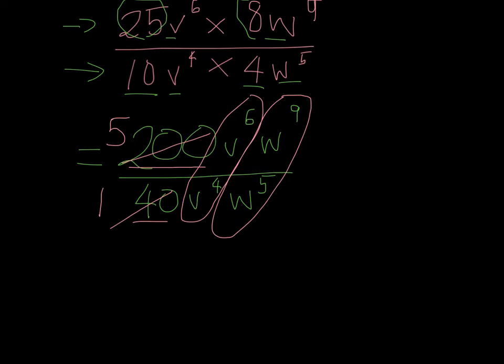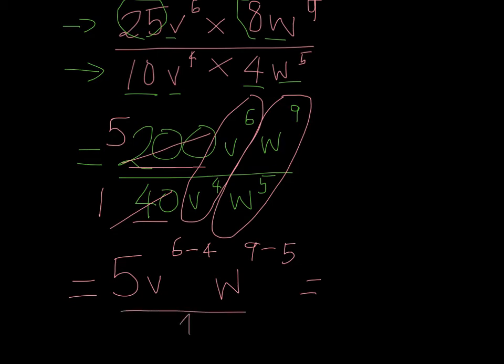So in this case, we can write the equation something like this. 5 of V to the power of 6 take 4 and W to the power of 9 take 5, which is all over 1 as well. You can see that's the 1 on the bottom of the fraction, but we know dividing by 1 is going to keep things the same. So the answer is going to be equal to 5 V squared W to the power of 4.